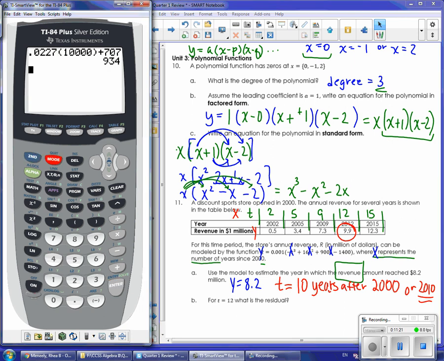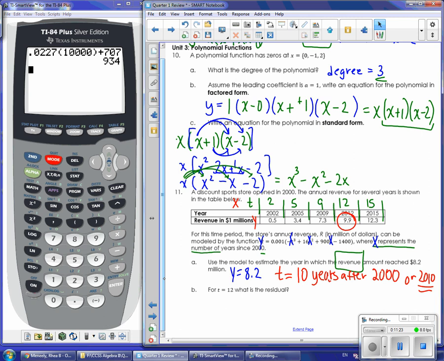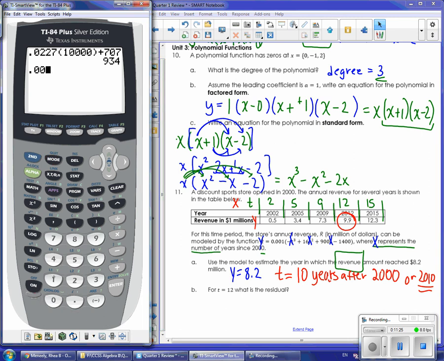To find the prediction, I'm going to type my equation in. So 0.001. And then in parentheses, I'm going to have a negative. This time, though, I'm going to let t equal 12. So instead of typing in an x to the third, I'm going to put in the 12. Again, I'm going to do this in parentheses. And I'm going to raise it to the third power. And then I'm going to move my cursor out so that I can type in plus 16. And then in parentheses, I'm going to put in 12.